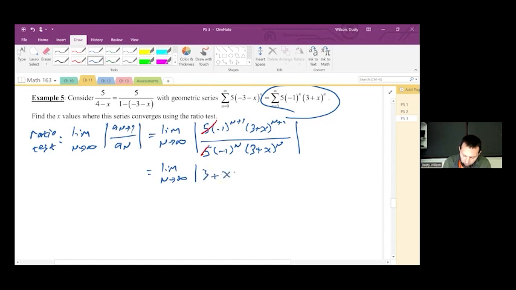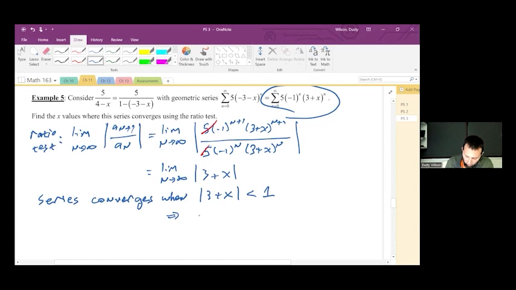Now, we know that this series is going to converge when this is less than 1, converges by the ratio test when the absolute value of 3 plus x is less than 1.